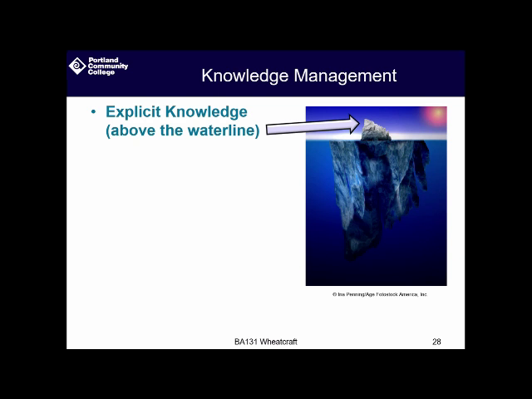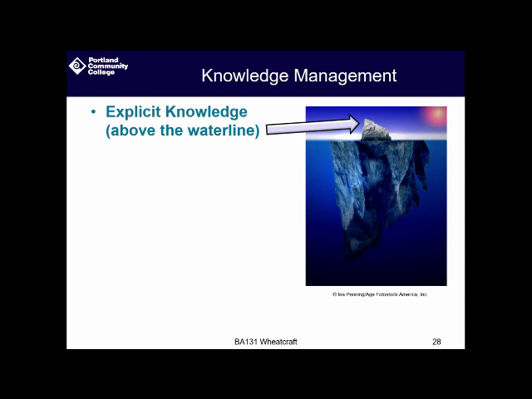Now, we've been talking about data management, but there's also this idea of knowledge management. The way to think about this is like an iceberg: you have the stuff above the waterline, and that's the explicit knowledge that is well documented within the organization. So that's the engineering drawing that says exactly what the part is supposed to be in the dimensions.